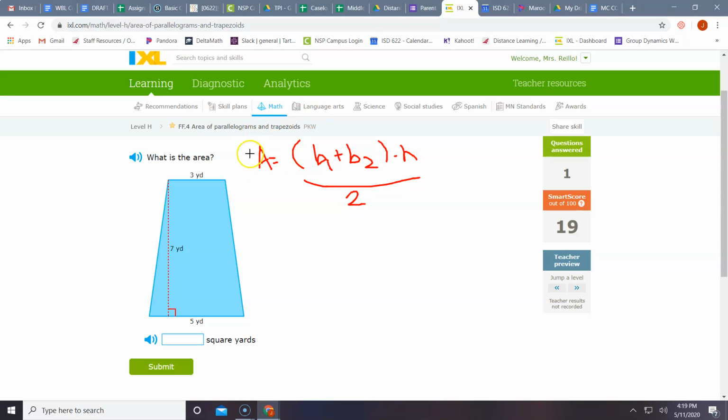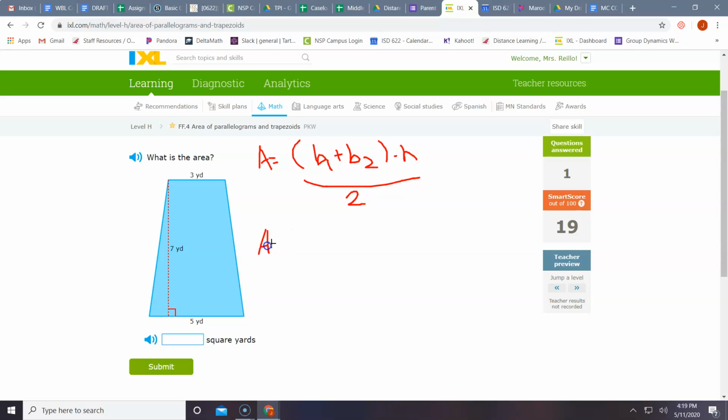Okay, so in this case, we're trying to find our area, and our two bases, we have our shorter base up on top, which is 3, and our longer base on bottom, which is 5. So that's why there's base 1 plus base 2, and then our height. Again, we want to use the perpendicular height, which is 7. So let's go ahead and plug this in.